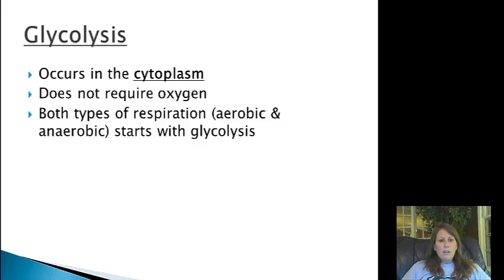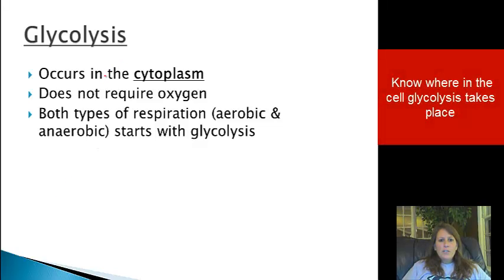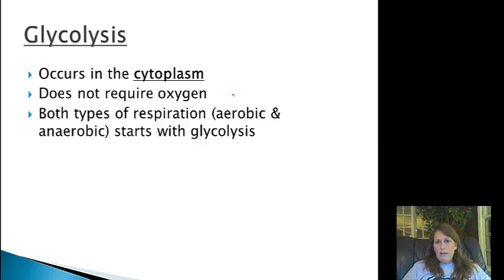I mentioned glycolysis, converting the glucose to the pyruvic acid or pyruvate, and you need to know where it takes place. If I back up, the glucose is going to come into the cell, and inside the cell, in the cytoplasm, is where glycolysis takes place, converting glucose to pyruvic acid.